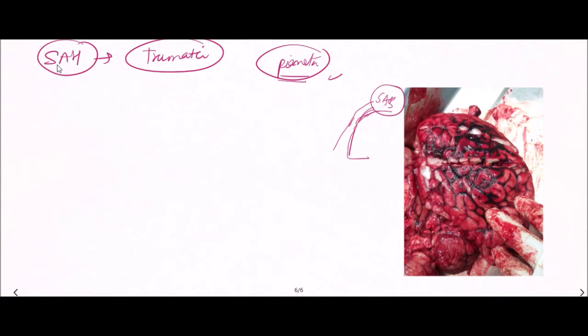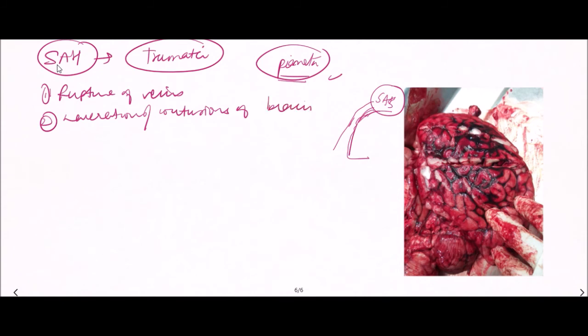Now the various causes of SAH. Most common is rupture of veins near the sagittal sinus. The other causes can be lacerations or contusions of the brain. It can also be simply due to rupture of Berry's aneurysm.